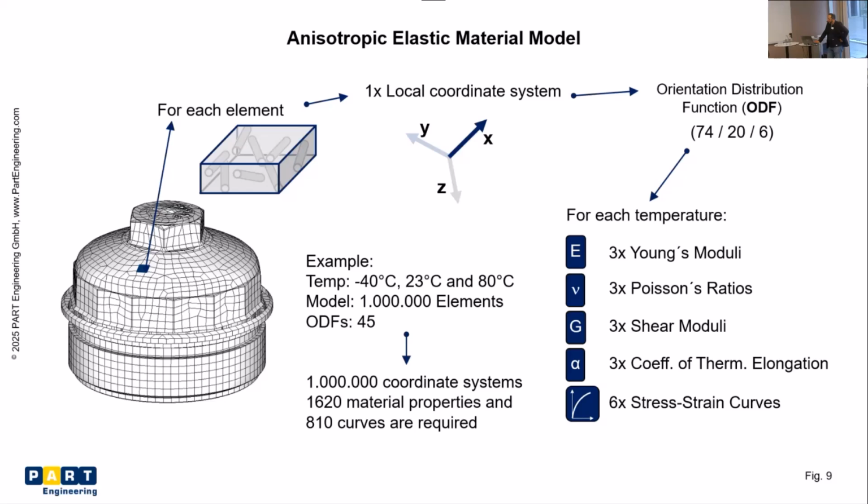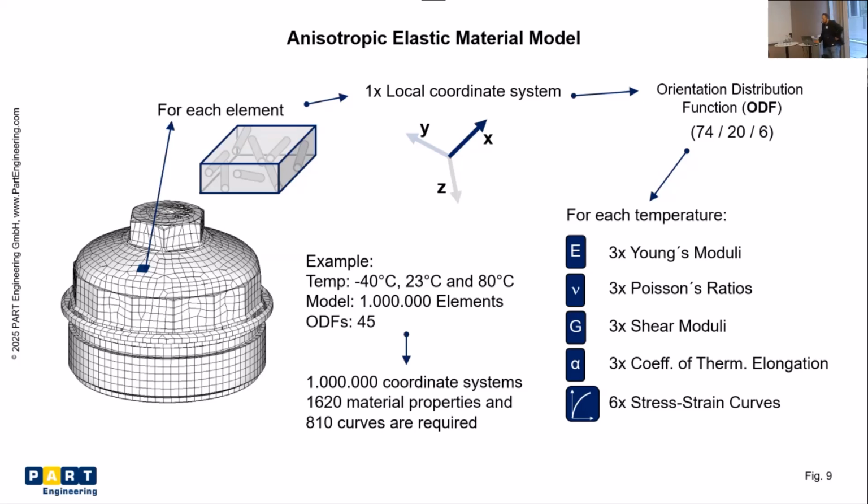So for each and every element, the properties are different. I will come to that later, why it's not just one material model. And how to consider that in, for example, Radioss, you need to assign a local coordinate system to each and every element, because the fiber main direction in that element is always different, at least depending on the shape of your part.